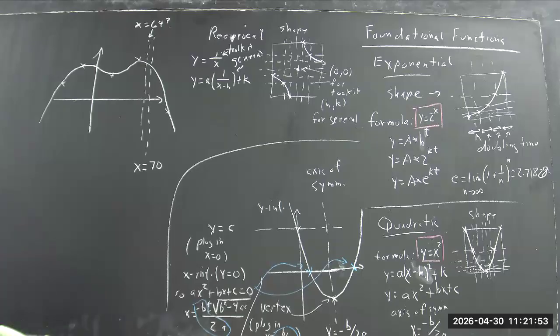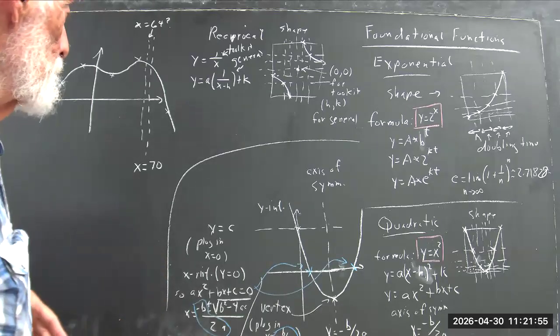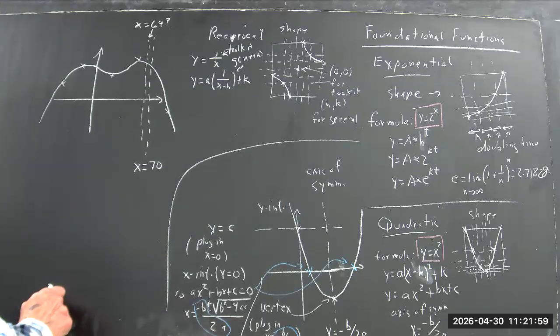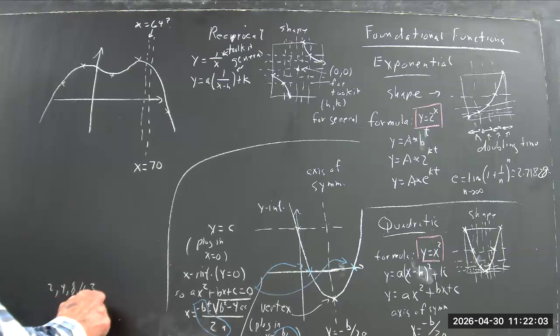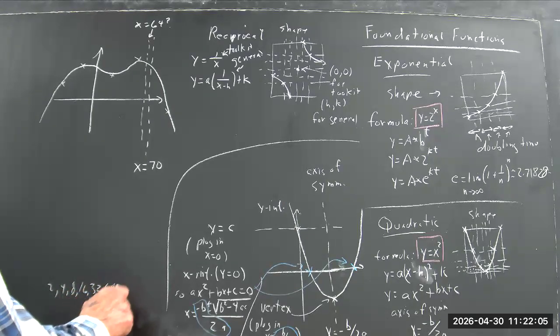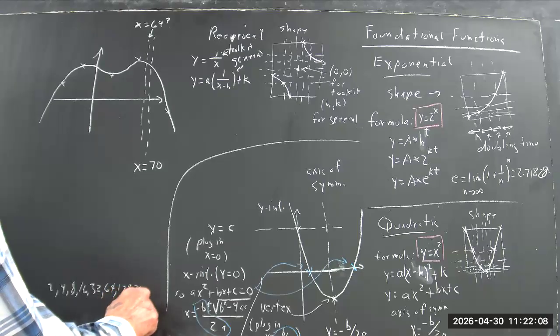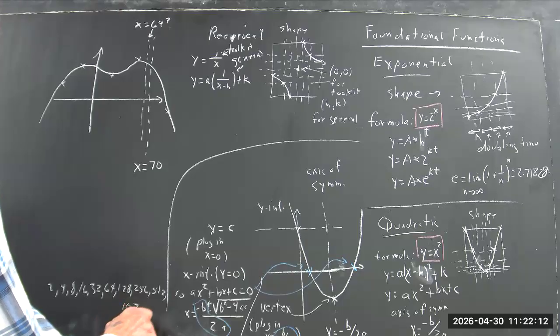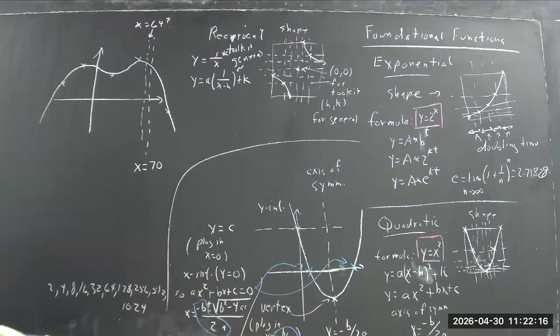It's a 6th power of 2, but you don't need to know that. If you know what the powers of 2 are, you just list some: 2, 4, 8, 16, 32, 64, 128, 256, 512. Why not 1,024? Those are your counting number powers of 2.